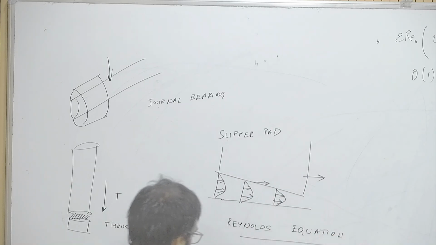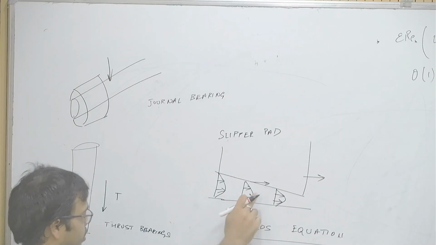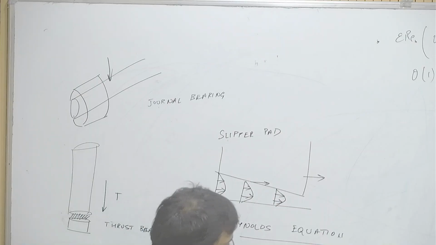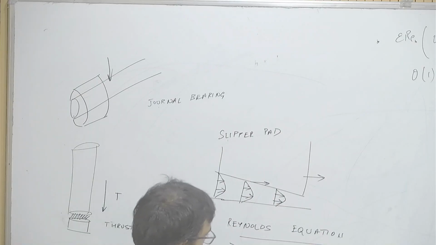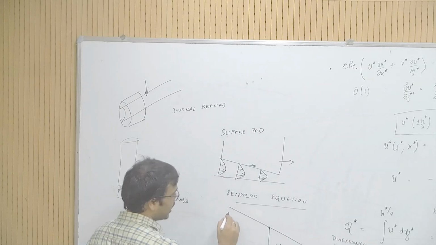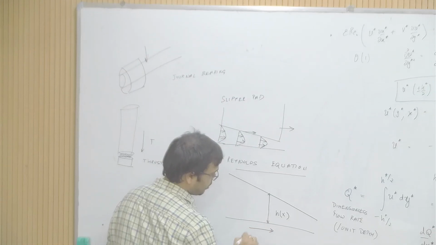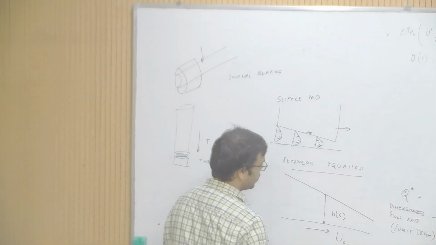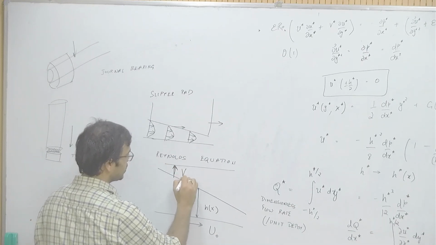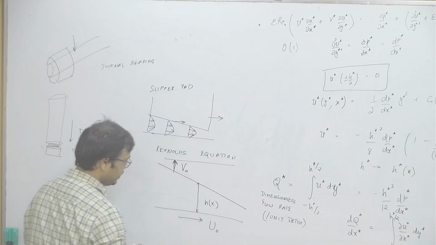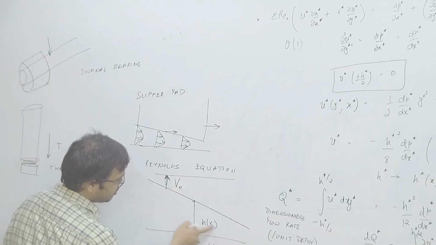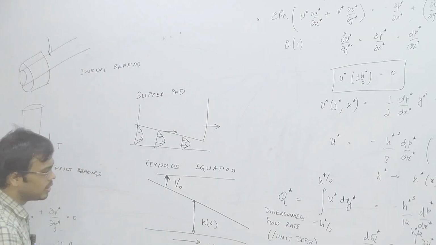We will consider a setup very similar to this. We have some h of x here, and we will say that the bottom surface is moving with some velocity u naught and the top surface is moving vertically up with some velocity v naught. What we are required to obtain is the pressure distribution inside this flow.